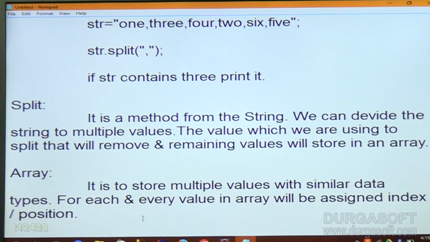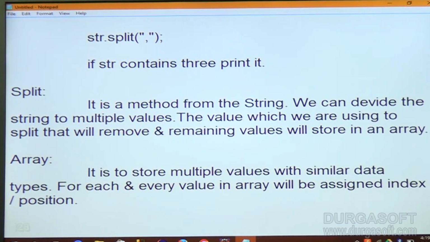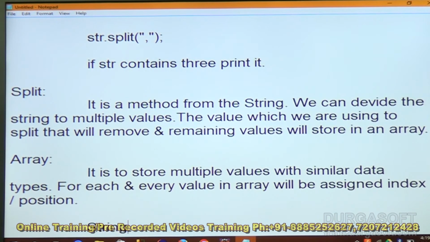How to declare an array? See the syntax. Suppose it is a string array: String, open close brackets, S. In S I want to store only string data types. You can declare like this or like this also. String S open close, both are same.